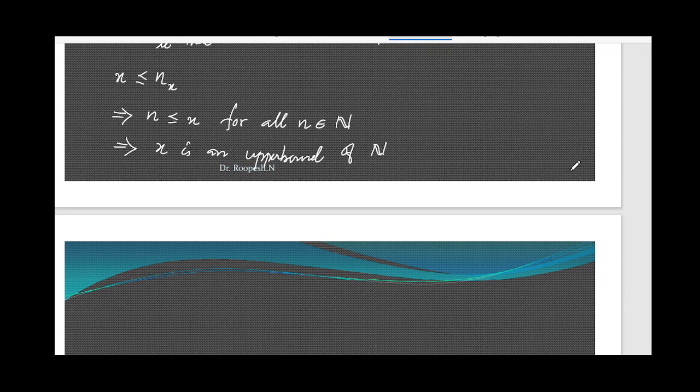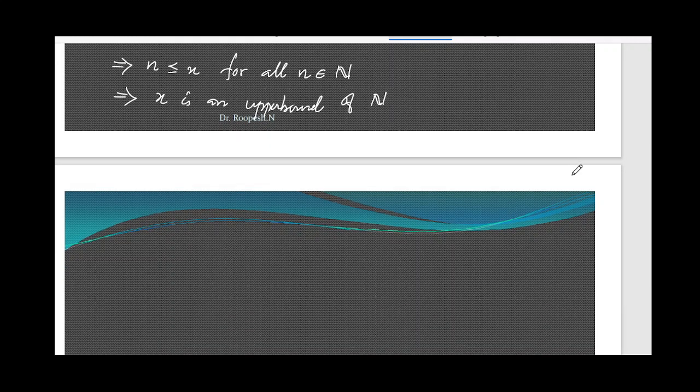Then by the completeness property, the set is non-empty and has an upper bound, that means it has a supremum.